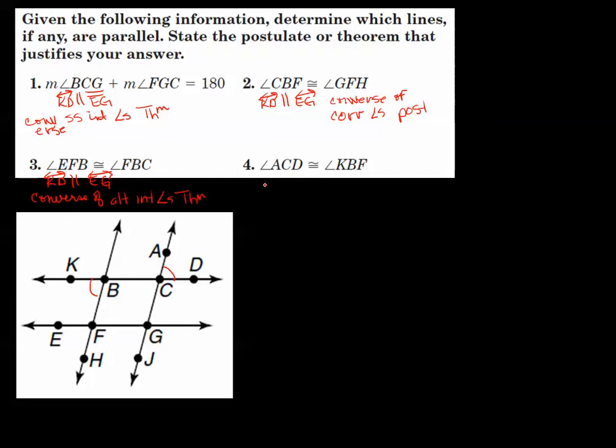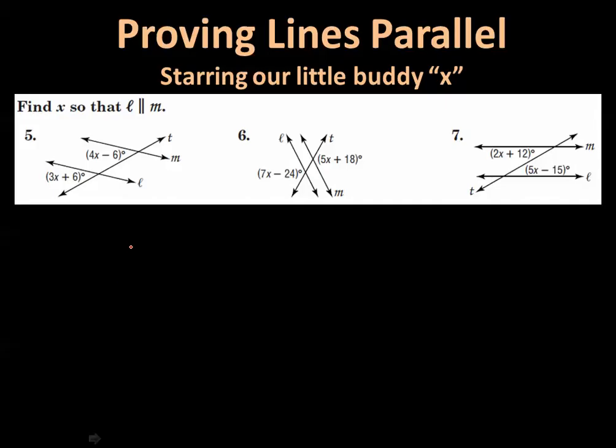We're going to say that line BF is parallel to line AG, and that looks like the converse of alternate exterior angles theorem.